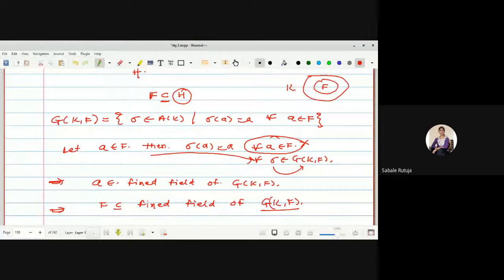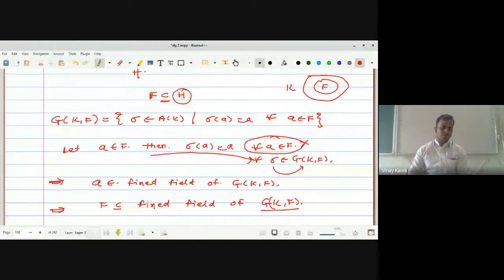Yes, sir. Okay. So thus the fixed field of GKF must contain F.